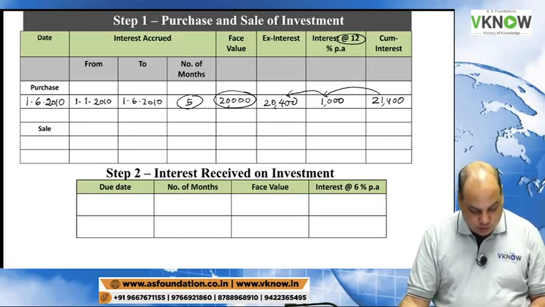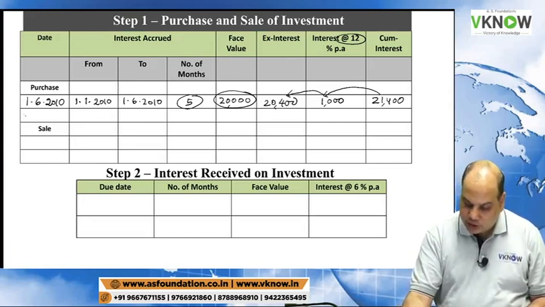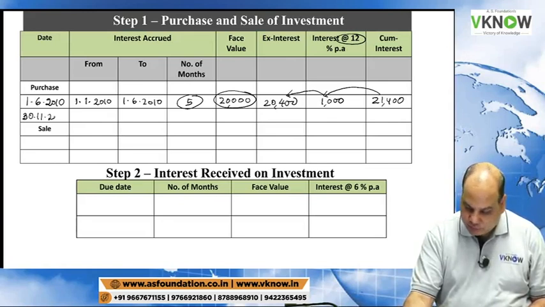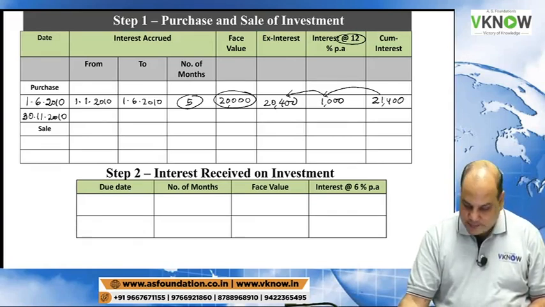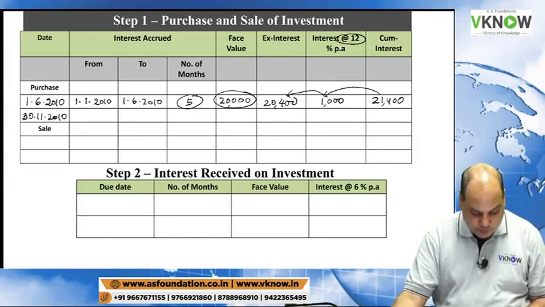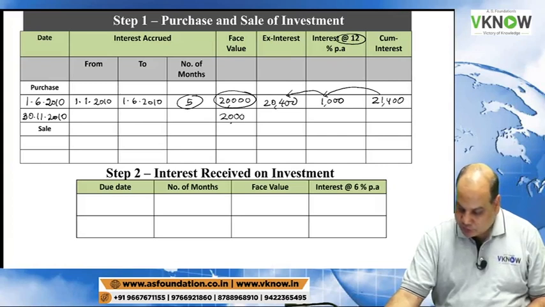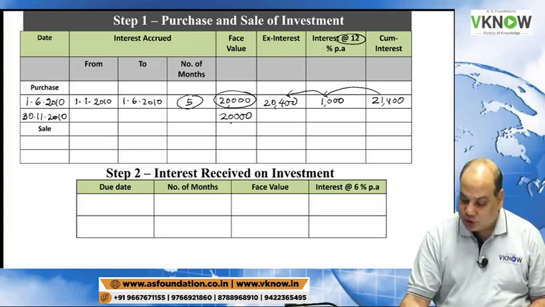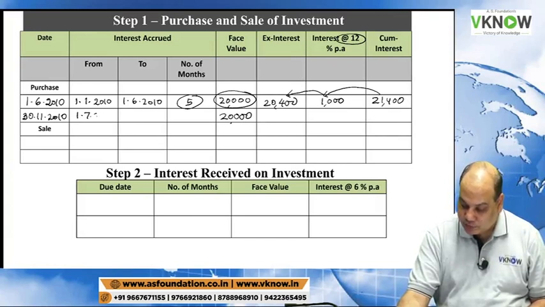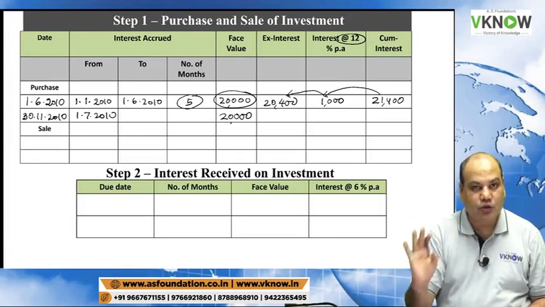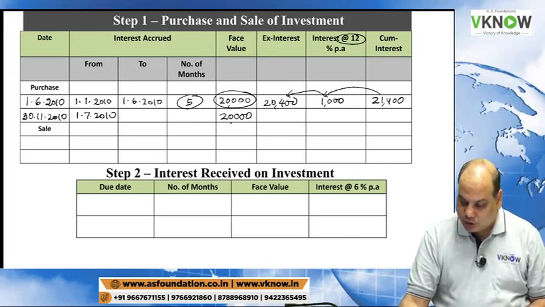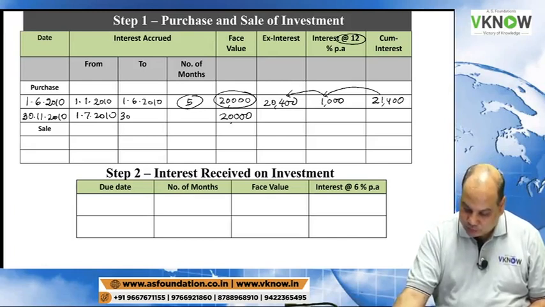Now you will see below, in the fourth line they have written on 30th November 2010, you have purchased another 200 debentures. So 20,000. This interest will accrue from 1st July, because up to 30th June interest is paid. 1st July to 30th November 2010.